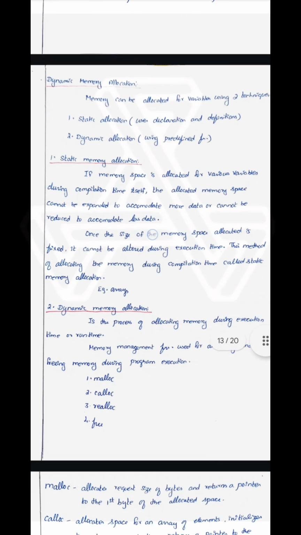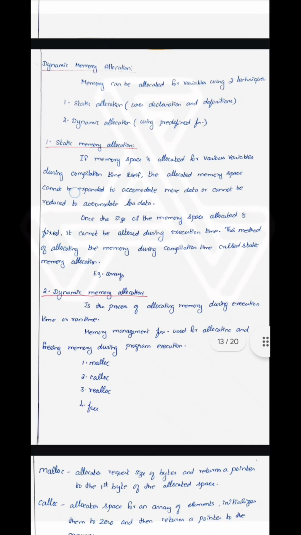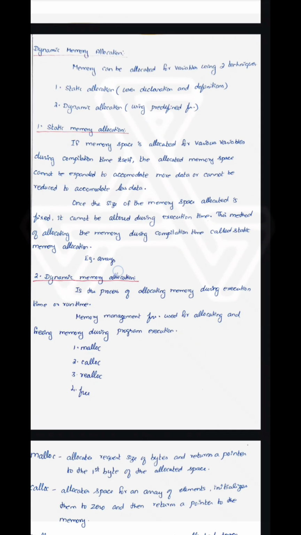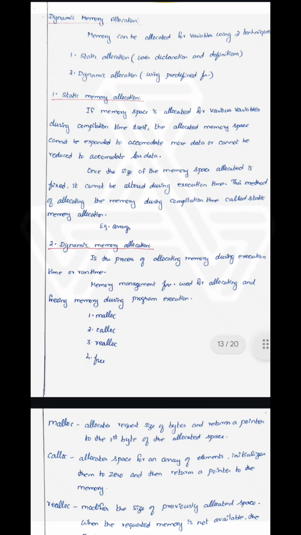Dynamic memory allocation. Memory can be allocated for variables using two techniques. Static allocation uses declarations and definitions. Dynamic allocation uses predefined functions. In static allocation, memory space is allocated for variables during compilation time itself.